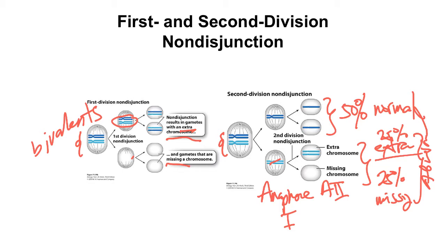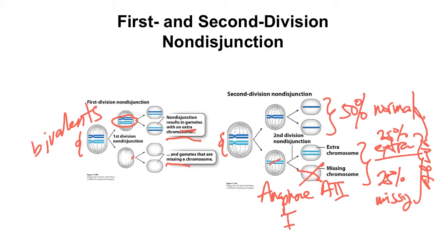Obviously, in 99.9% of cases, whenever you have missing chromosomes, this is definitely deleterious or won't survive. With extra chromosomes, an individual derived from these gametes, a baby born as a result of fertilization with these gametes, may actually have problems surviving.